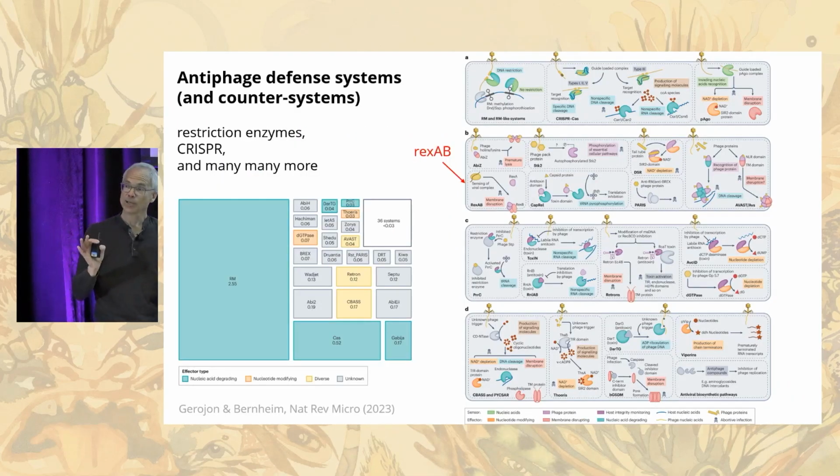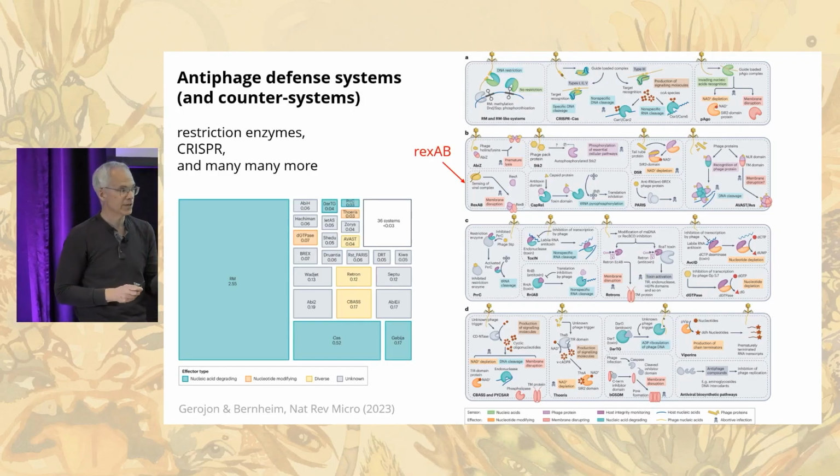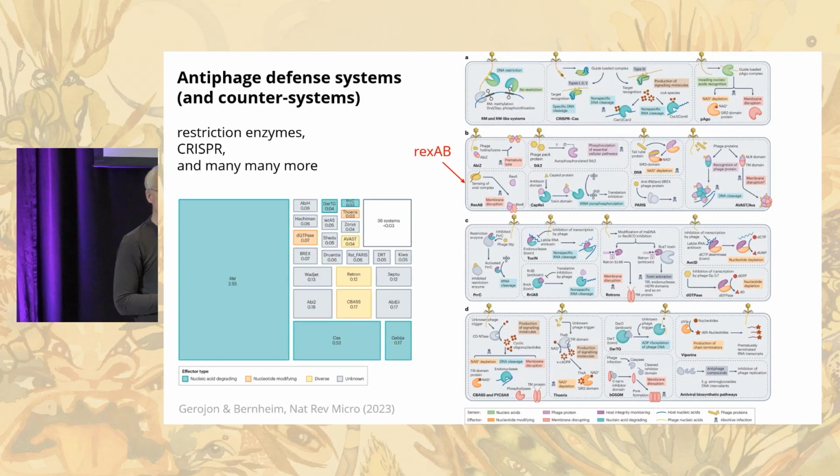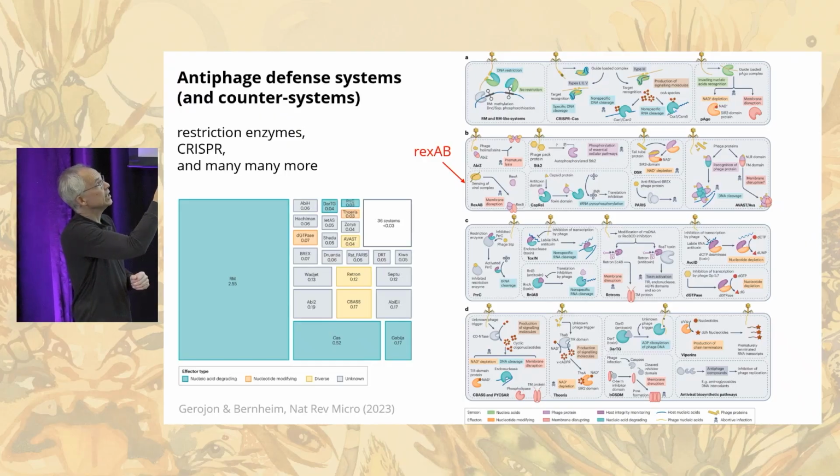Now, complicated slide to make a point that Rich also made. Another thing that has happened, actually just in the last few years, is that people have realized that rIIB, this defense system from Lambda that Crick and Brenner were based on, is the granddaddy of a whole bunch of defense systems.